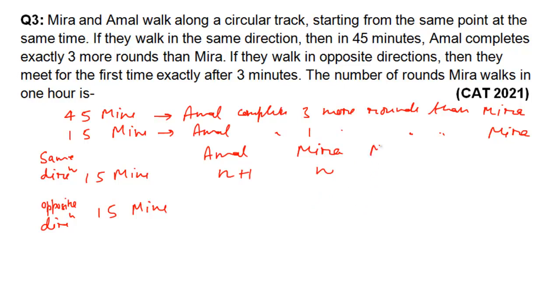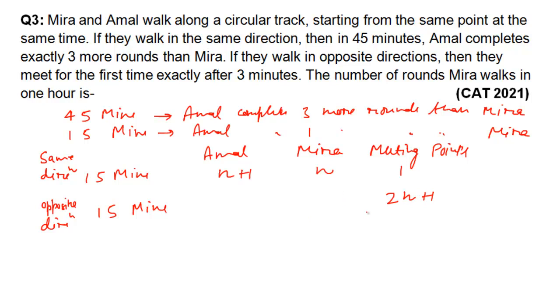So here I am writing meeting points. When they are moving in the same direction, Amal completes one more round in 15 minutes, so the meeting point is 1 in 15 minutes. But when they are moving in opposite directions, their meeting points will be 2n plus 1, right?